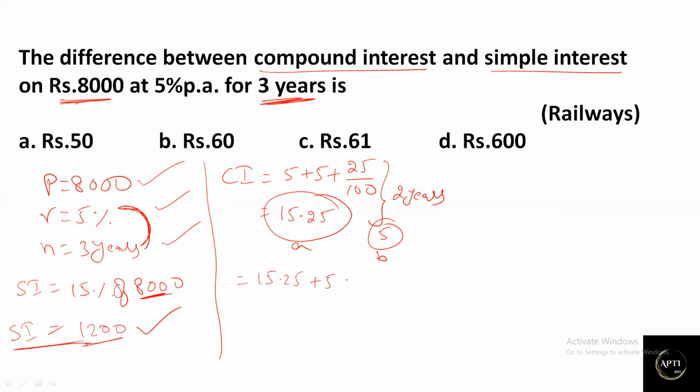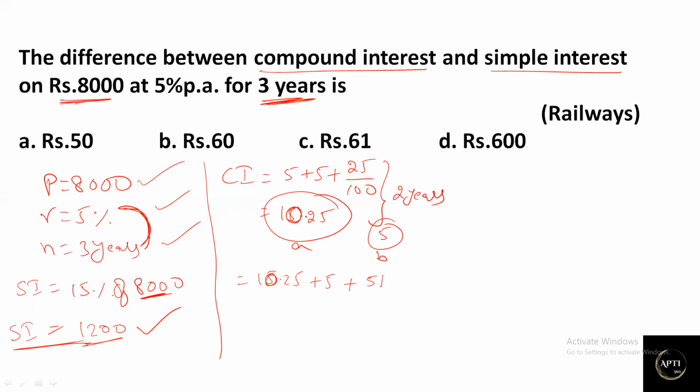15.25 plus 5. You can take it as approximate also, no problem. Sorry, here 5 plus 5 is 10, so 10.25. Now we have to take 10.25 plus 5. What is 10 into 5? 50. What is 0.25 into 5? 1.25.